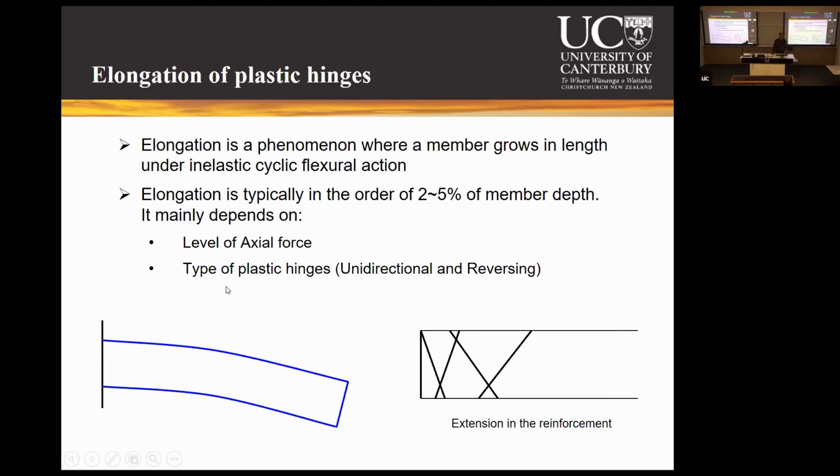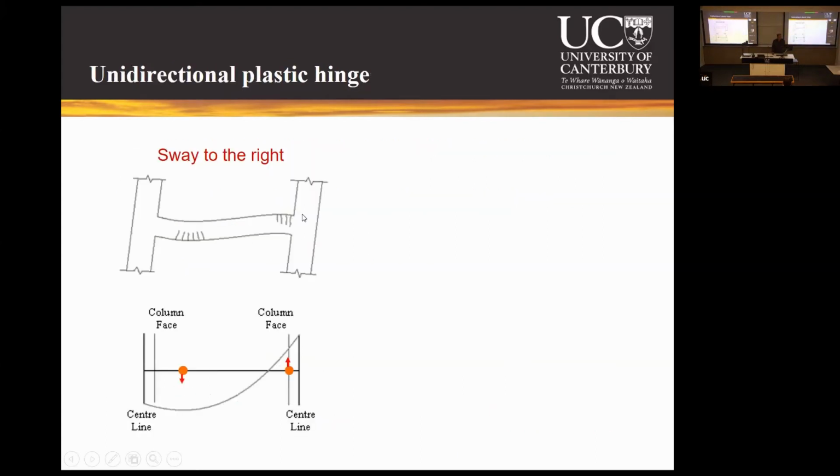The second thing that matters is the type of plastic hinges. We broadly divide the plastic hinges into two categories: unidirectional and reversing. Unidirectional is typically in gravity-dominated frames or buildings.